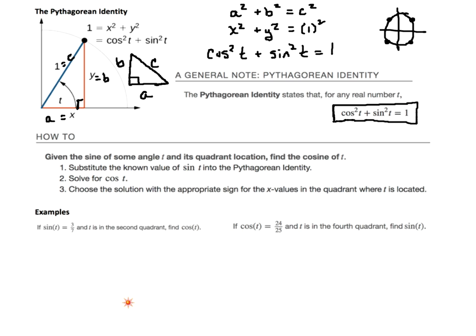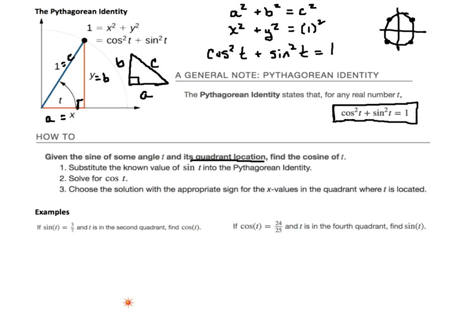So that's why you have to know the quadrant location, so that you can figure out what sign, meaning positive or negative, the values of the coordinates have here. So you're going to substitute your known values into the Pythagorean identity.